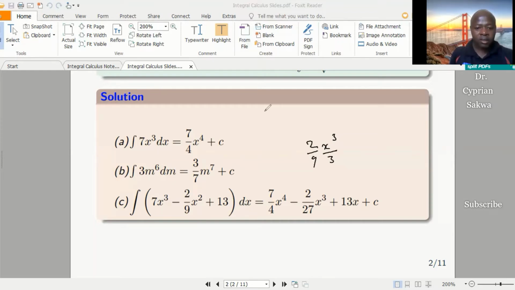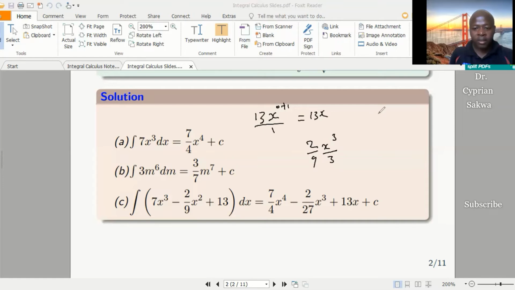Then these are constants. There's 13, x raised to 0, because I know that x raised to 0 would be 1. So this is 13 times 1. So I just add 1 to this power and then divide by the new power. So this gives me 13x, and that's what I have here, then plus c.